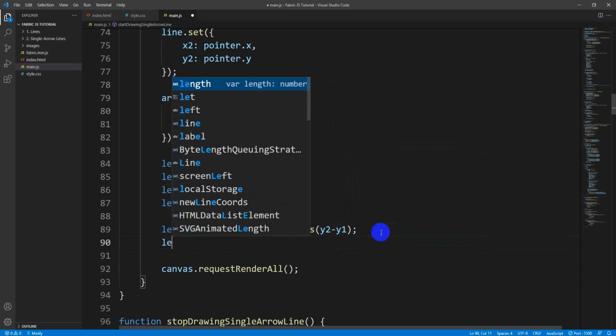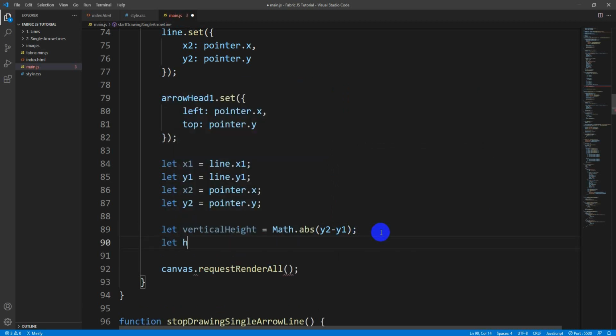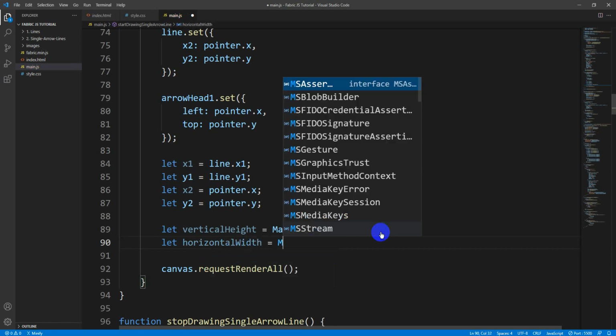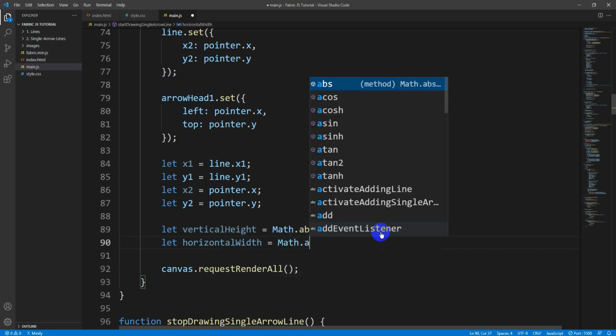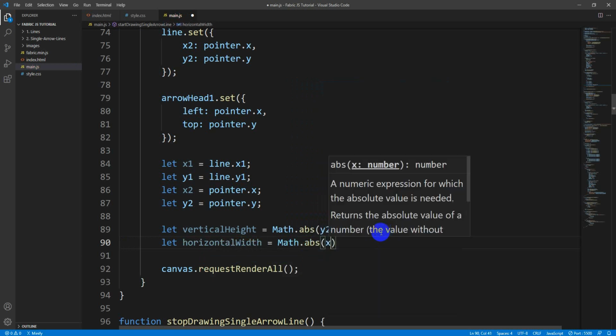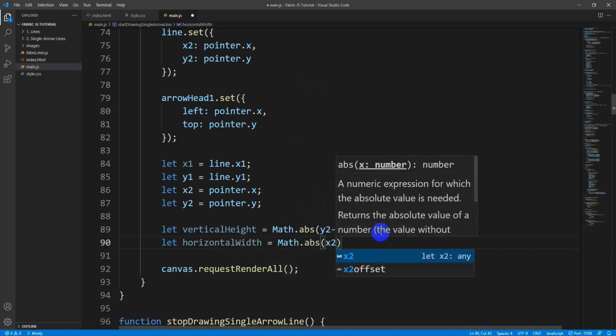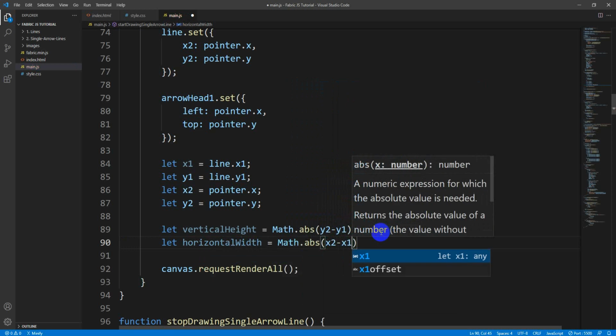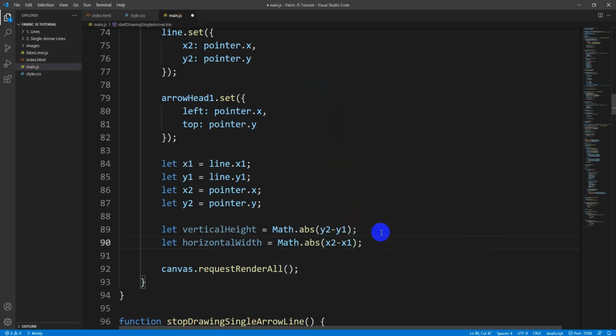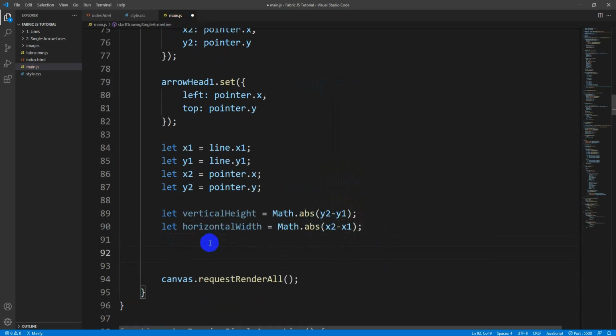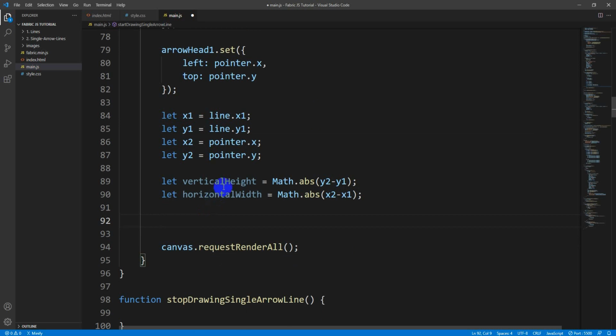We do the same for the horizontal: let horizontal width be equal to Math.abs of x2 minus x1. The vertical height and the horizontal width change whenever I move the mouse.